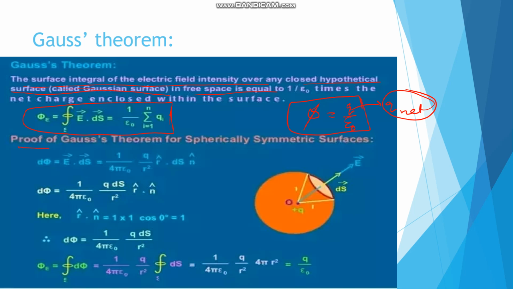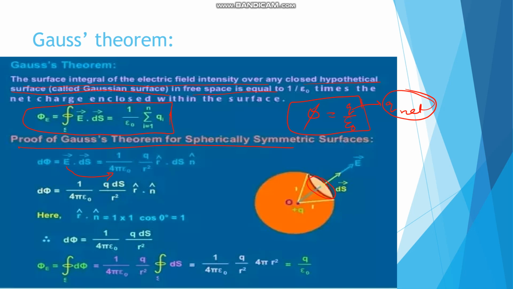Now see the proof of Gauss theorem for any symmetrical surface. As we can see, the flux for a small surface dS is d phi equal to E dS. The electric field intensity is 1 by 4 pi epsilon naught times q by r square r cap.